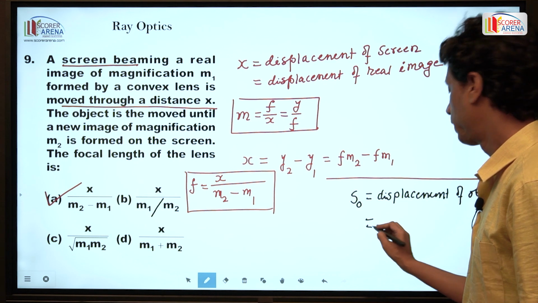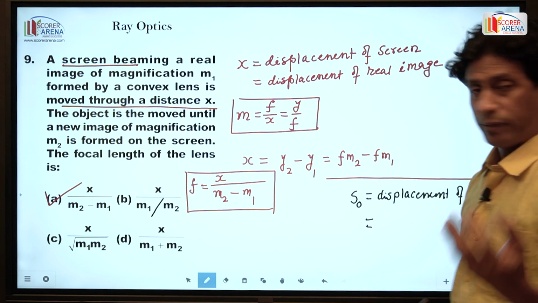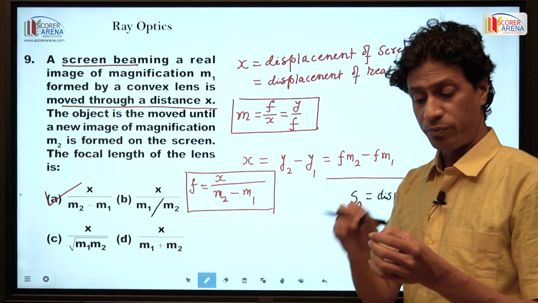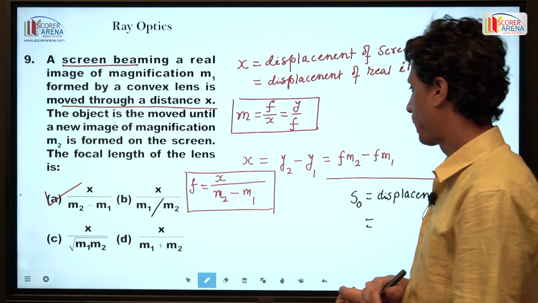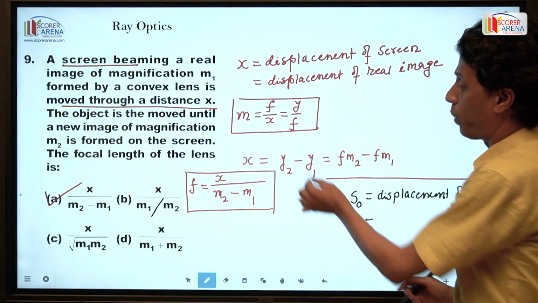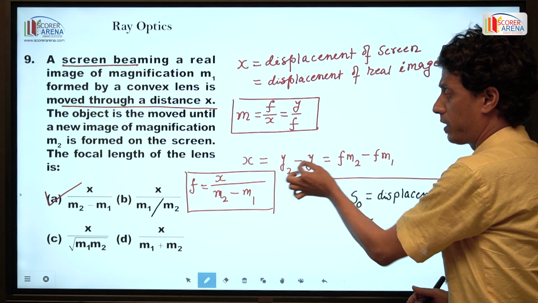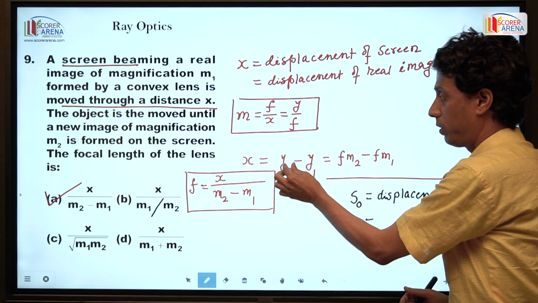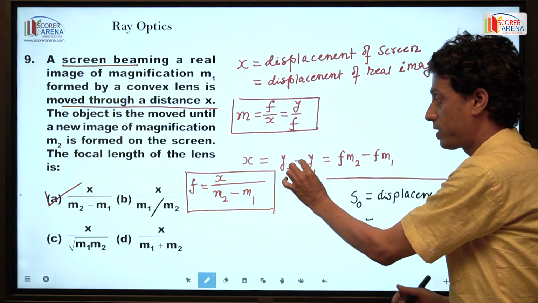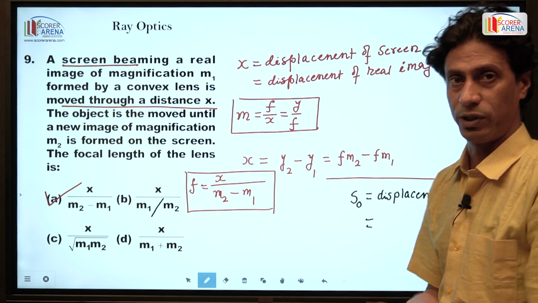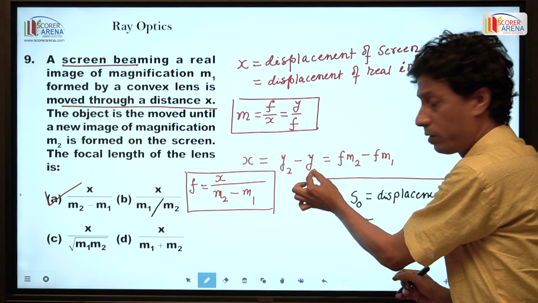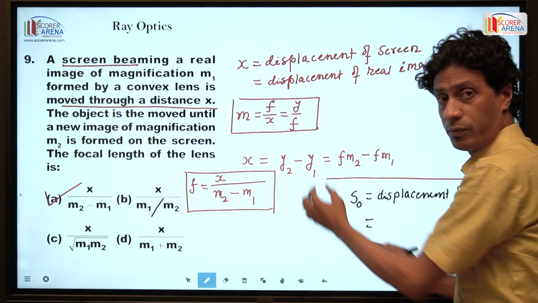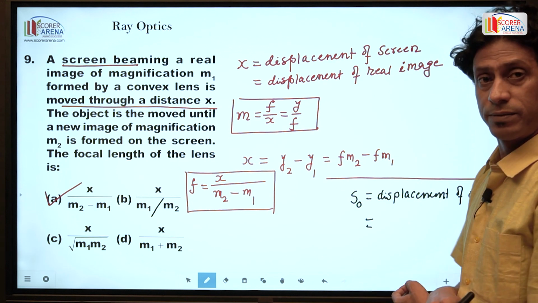I have told you several times, if the object is closer to the focus, then the image is further from the focus. Here y2 taken is greater than y1, so the corresponding object distance x2 is closer to the focus and the corresponding x1 is further from the focus.